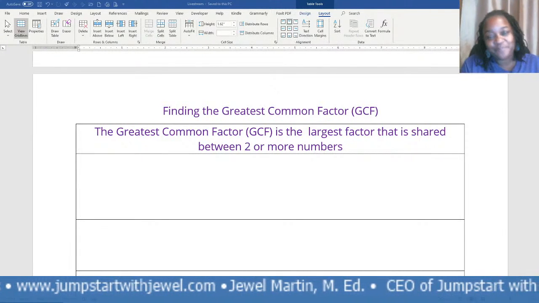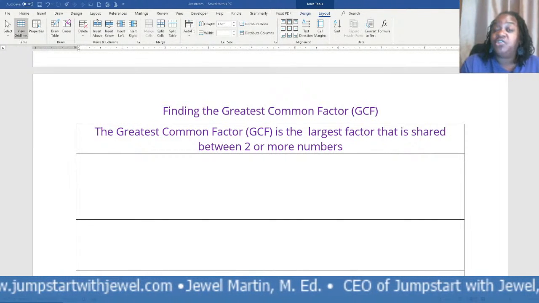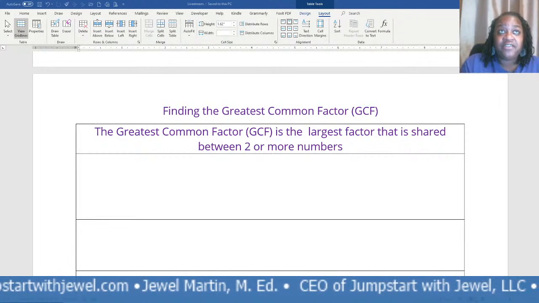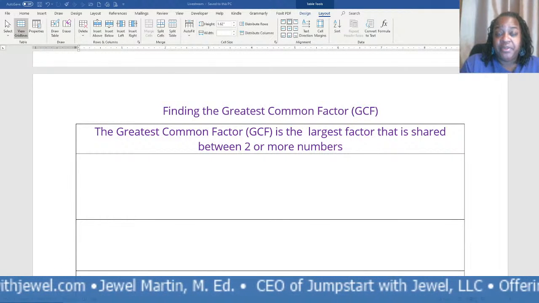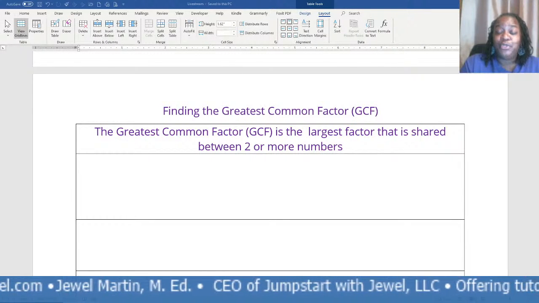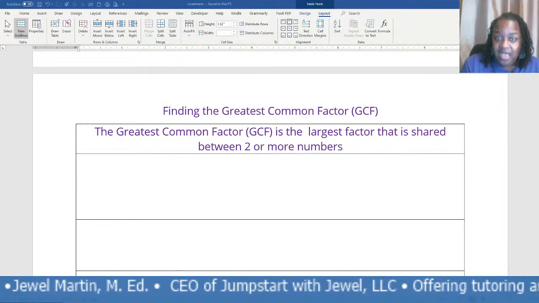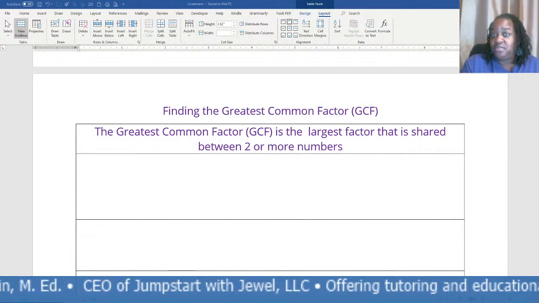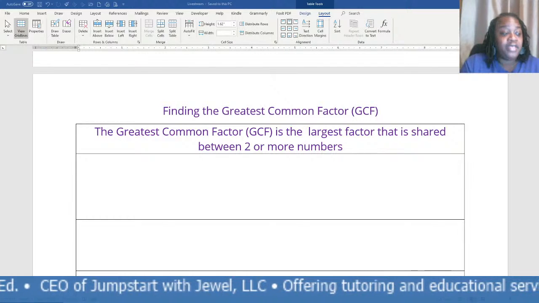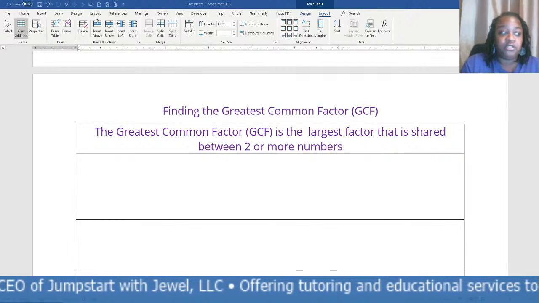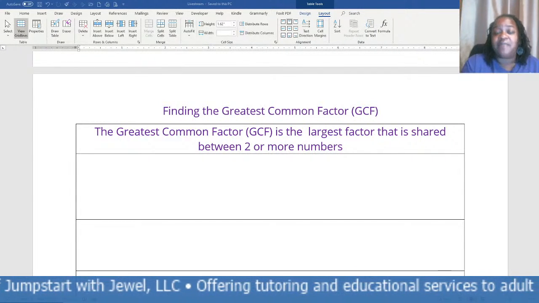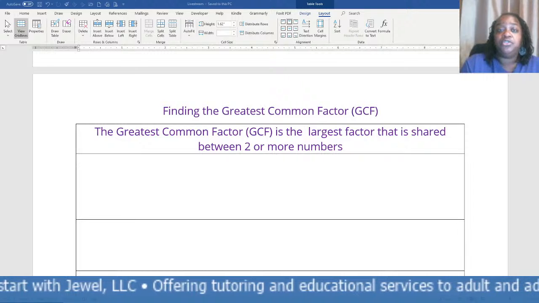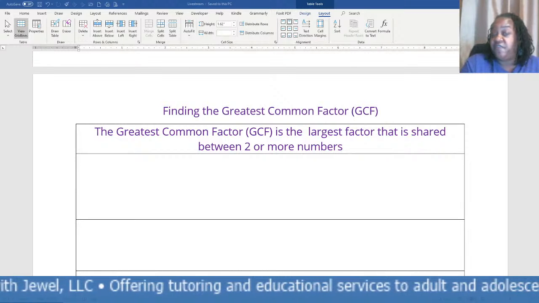I appreciate it. If you're not sure what a factor is, the factor is just a number that you use to multiply by another number, another factor, to reach the answer, which is also known as the product in multiplication. So for instance, 2 times 4 equals 8. 2 and 4 are the factors.